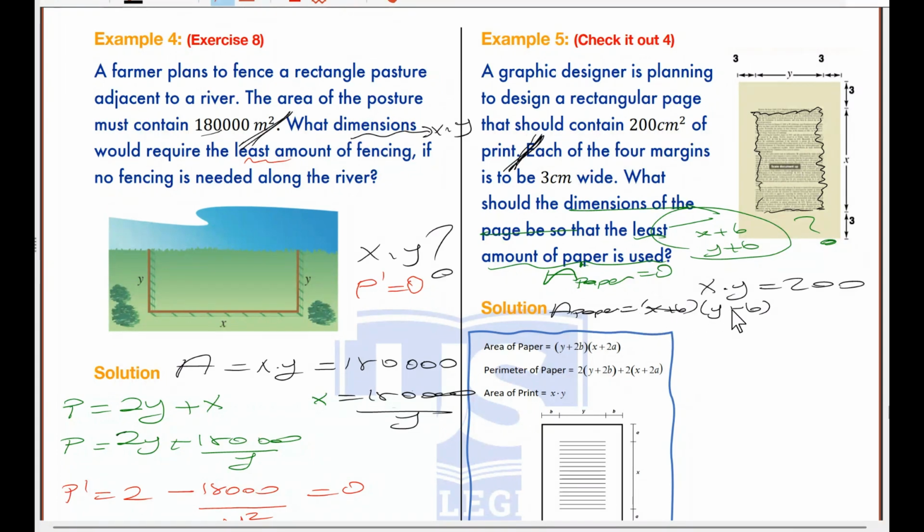First of all, we should reduce the two variables into one variable by using the given information. So x times y is 200. Let's isolate one of them. x is equal to 200 over y. In the area of paper formula, I cannot fit it in here, let me go down.